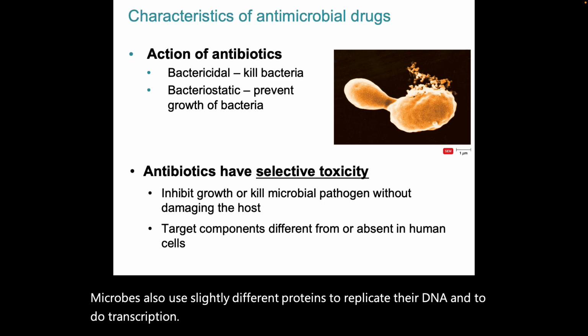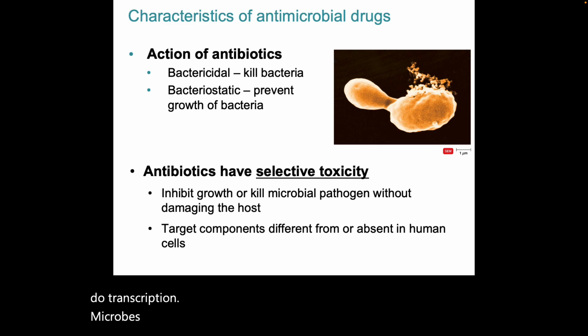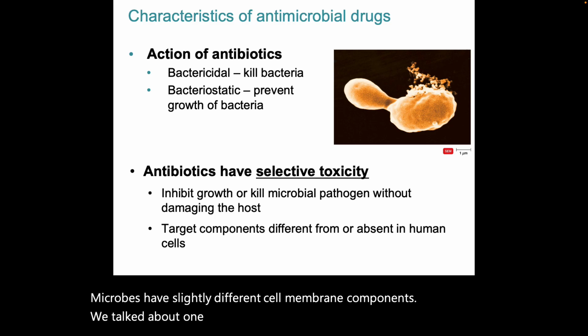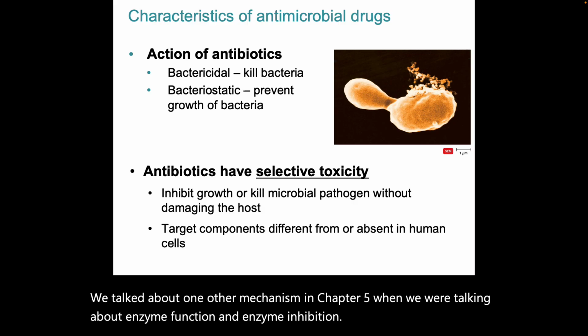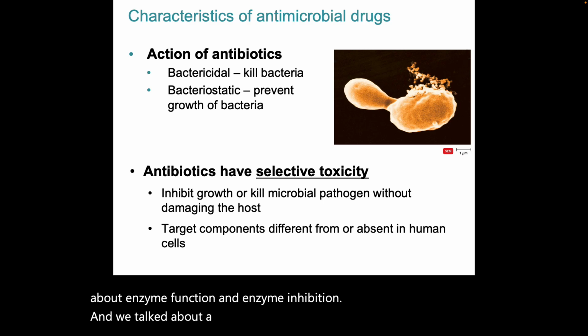Microbes have slightly different cell membrane components. We talked about one other mechanism in chapter 5 when we were talking about enzyme function and enzyme inhibition. And we talked about a class of antibiotics that works really well against microbes but doesn't affect people.